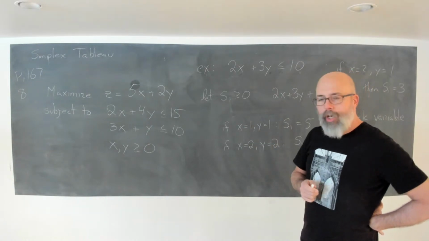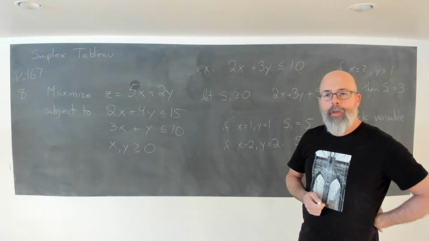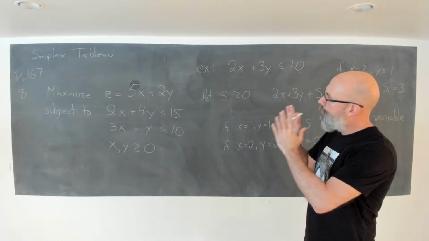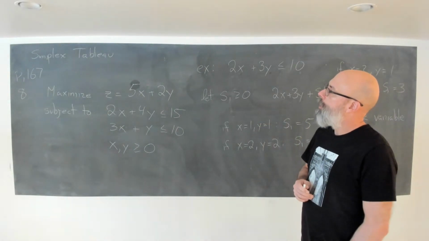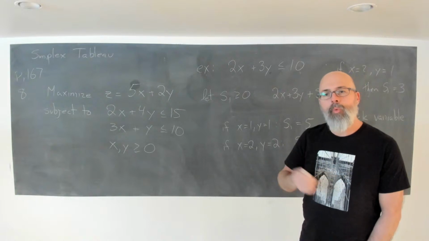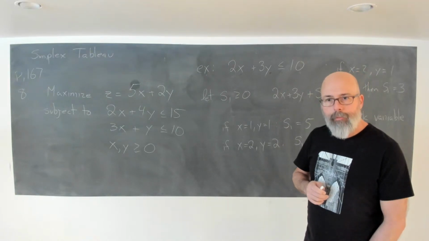But before we do anything, let's convince ourselves that we are dealing with a standard maximum problem, because the simplex method, as we're going to describe it, only works with the standard maximum problem.